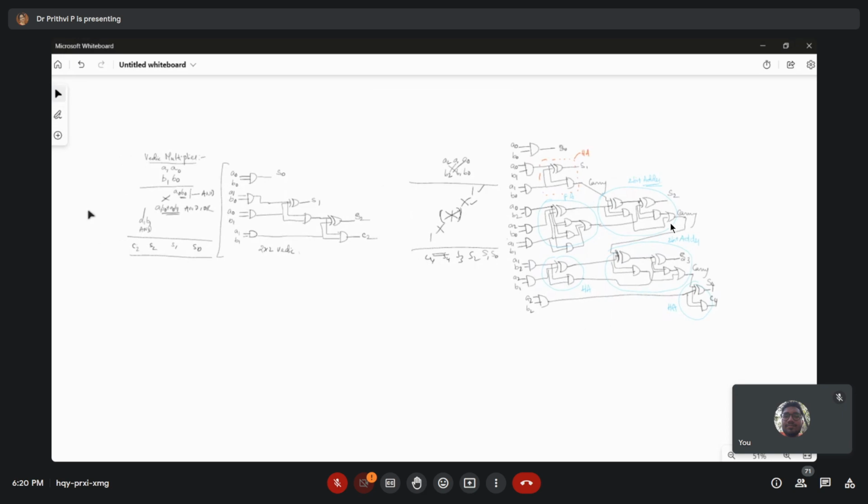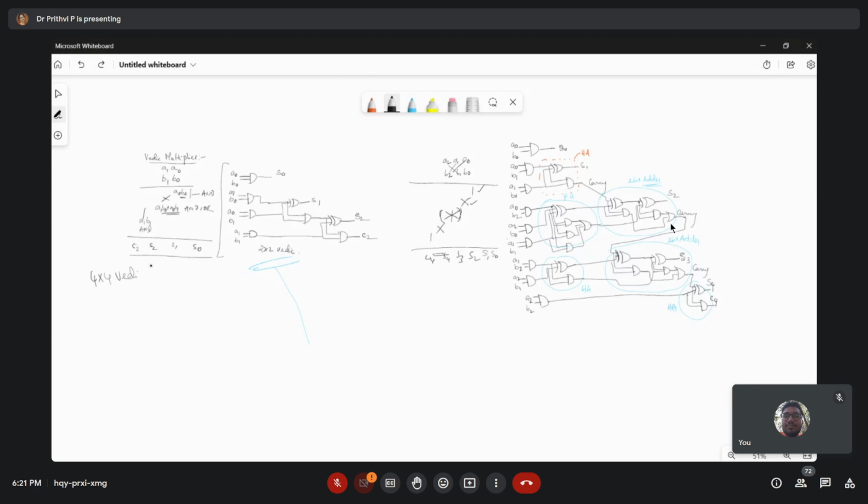The wiring becomes very complex. So it's better to use a 2-bit Vedic multiplier as a building block. This 2-bit Vedic multiplier, we can use as a building block, and from that we can generate a 4-bit Vedic, say 4x4 Vedic if I want to define.